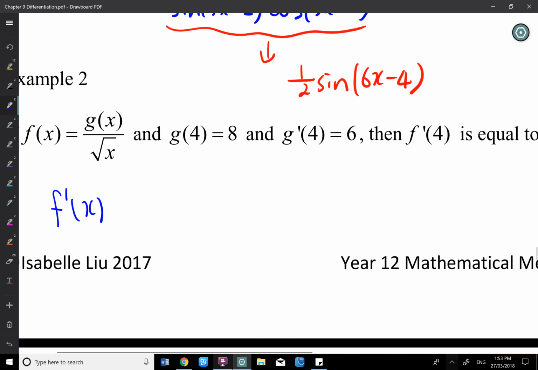This question asks us to find f dash 4, and you can't find f(4) first and then derive. If you find f(4) first, that's a number, and when you derive it, it becomes 0. So we need to find f dash x first, and then put the 4 in.